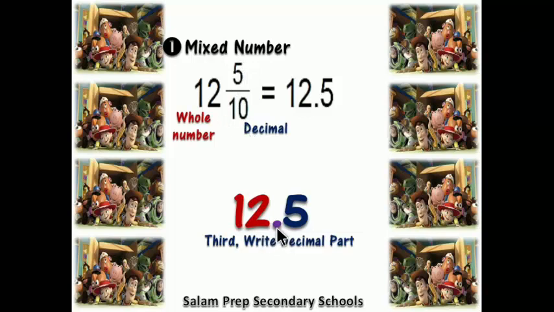So after the decimal point, we will write the decimal part. We read this fraction as 5 tenths. So in the tenths place, we write 5. So 12 and 5/10 equals 12.5, and is also read as 12 and 5/10.